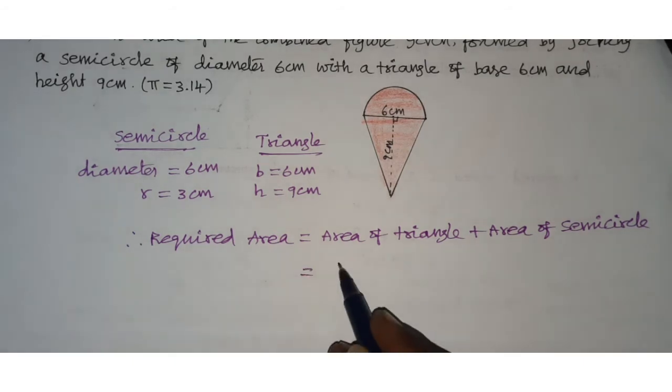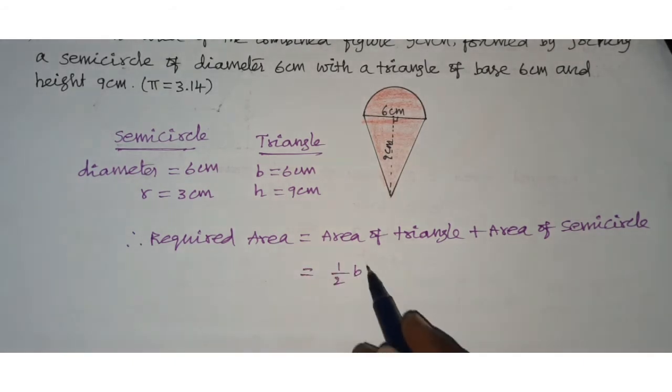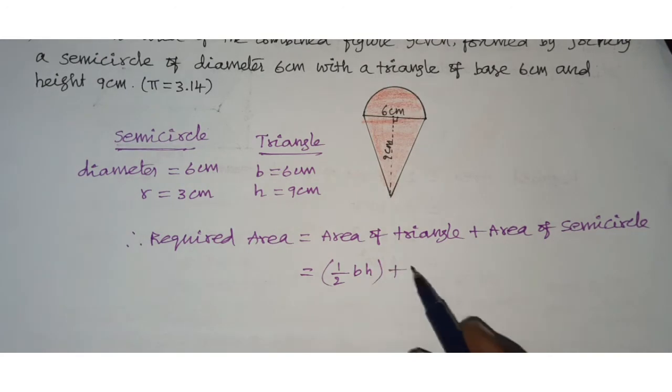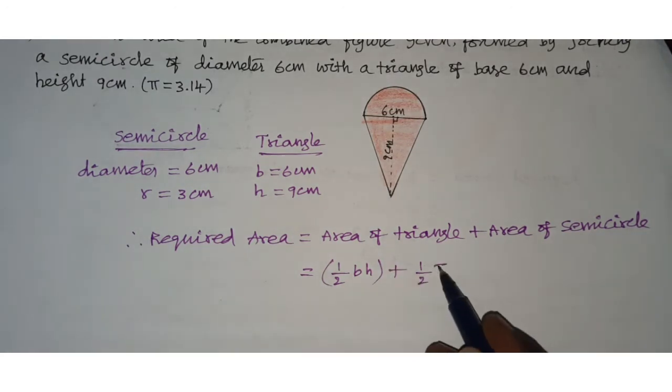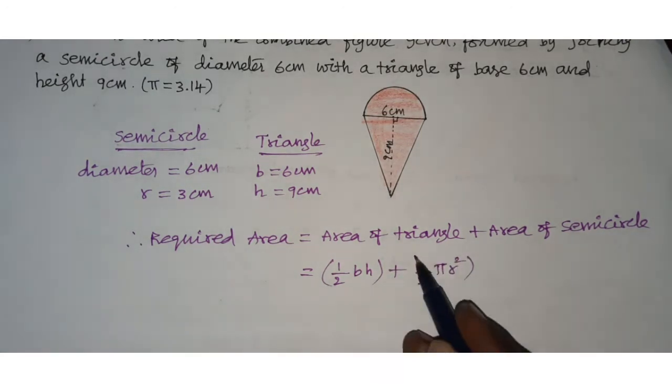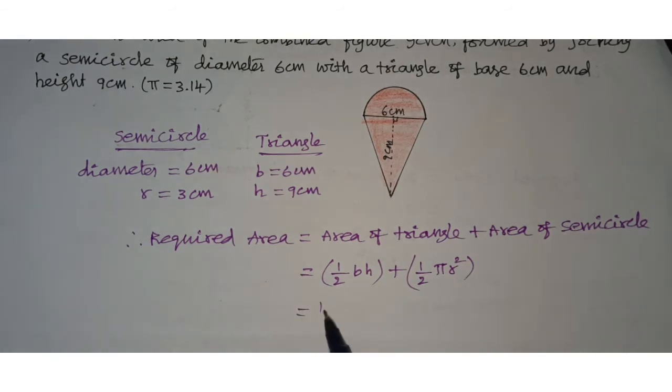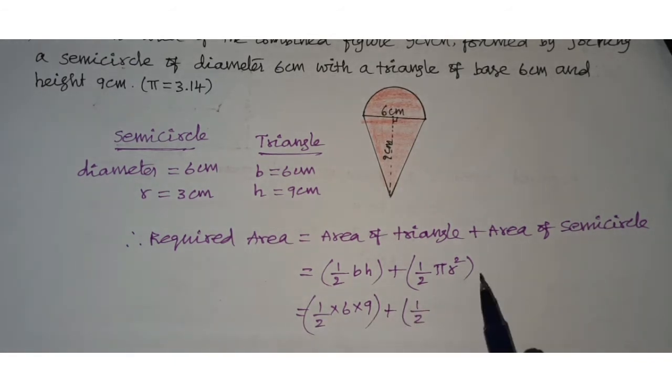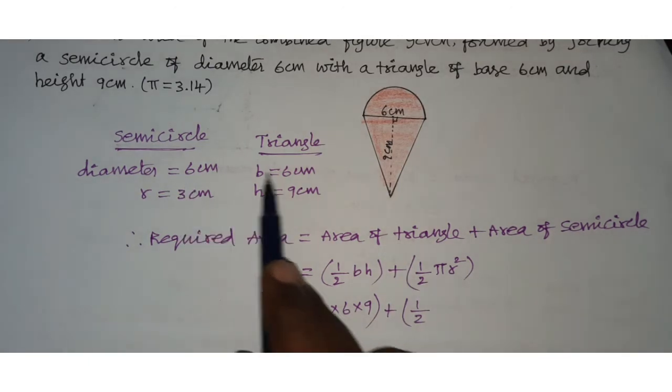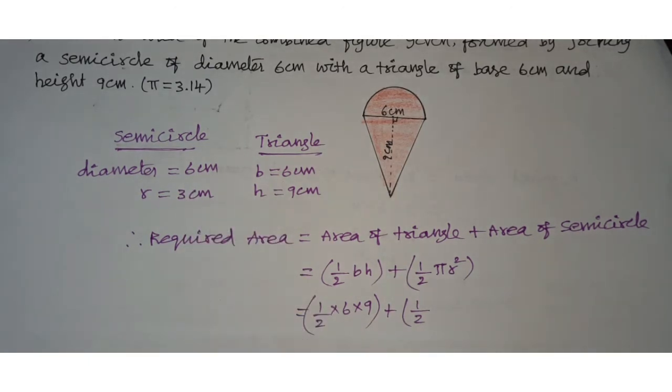So area of triangle formula half into BH plus area of semicircle 1 by 2 into pi r square. Okay. So 1 by 2 into base 6, height is 9 plus here 1 by 2, pi value we can use 3.14 because no values come here as multiples of 7.